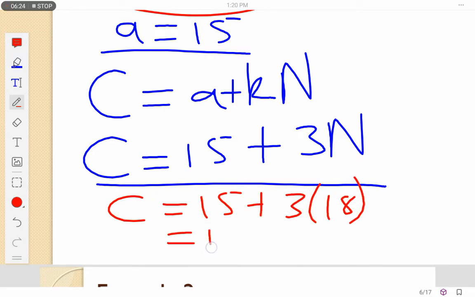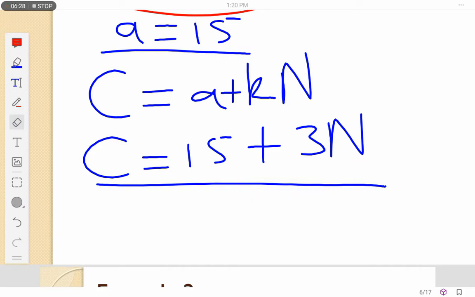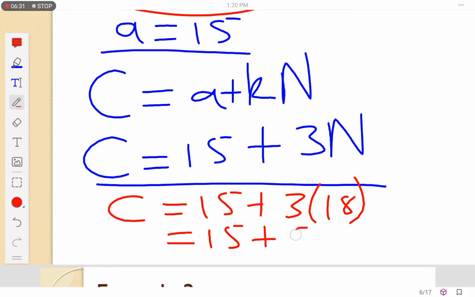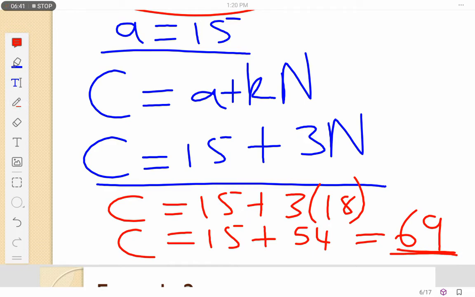Sorry, this becomes 54. So the c at the end of the day is 15 plus 54. It becomes, our c is equal to 69. Okay, so that's the value of our c there.